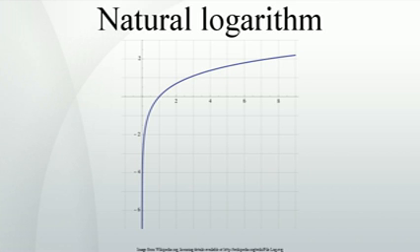Logarithms can be defined to any positive base other than 1, not just e. However, logarithms in other bases differ only by a constant multiplier from the natural logarithm, and are usually defined in terms of the latter. For instance, the binary logarithm is just the natural logarithm divided by ln 2, the natural logarithm of 2.